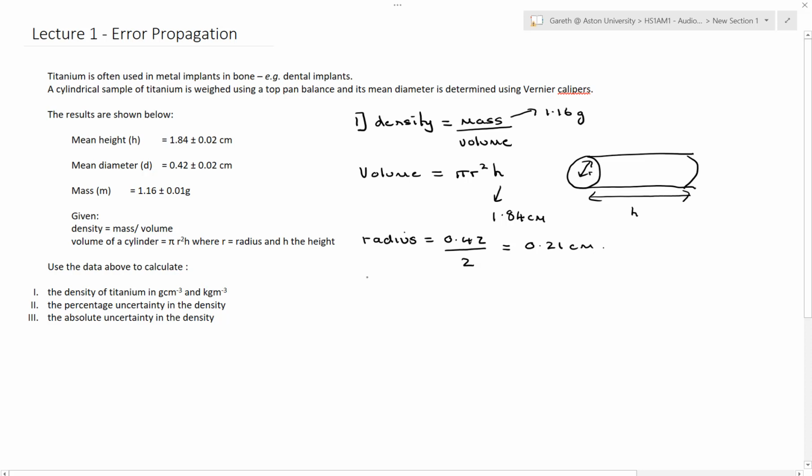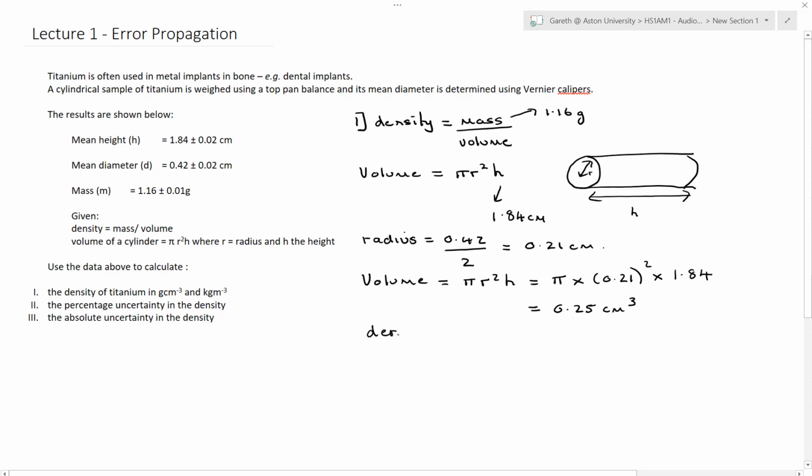So using all of this information we can calculate the volume. Volume is pi r squared h, which is equal to pi times 0.21 squared times the height, which was 1.84. And using my calculator I found that to be 0.25 and the units are centimeters cubed.